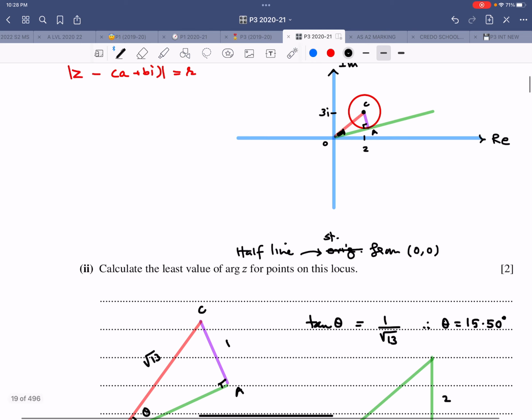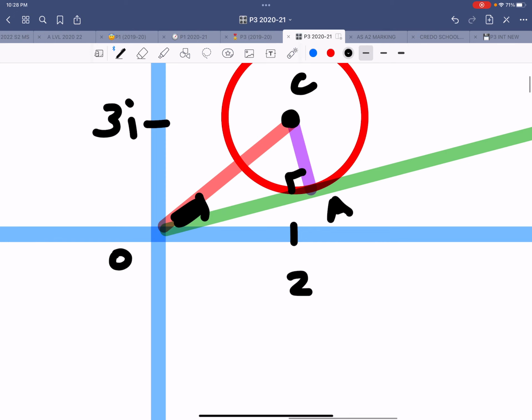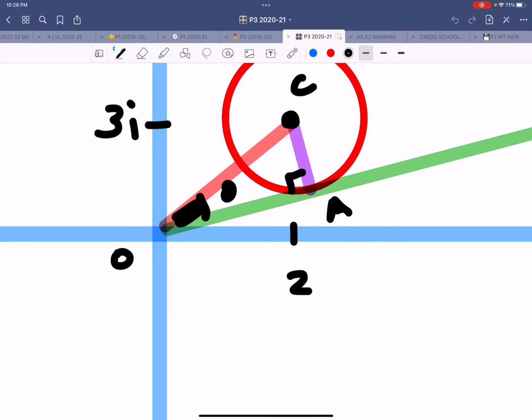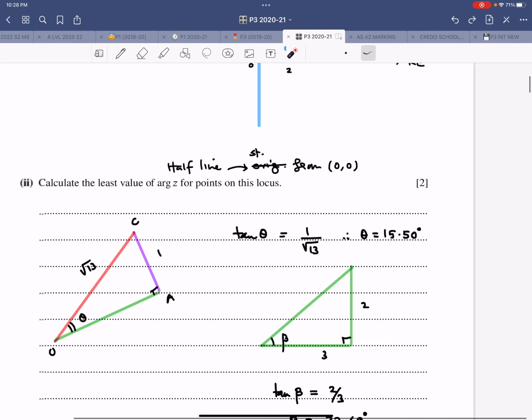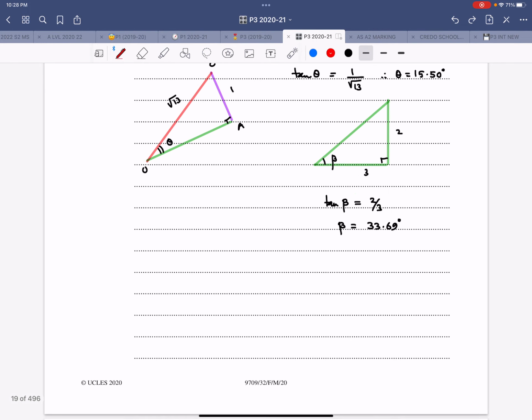Now this angle is theta. No, it's not making sense. This whole angle up till here is beta. So the angle you are looking for is the difference between beta and theta.